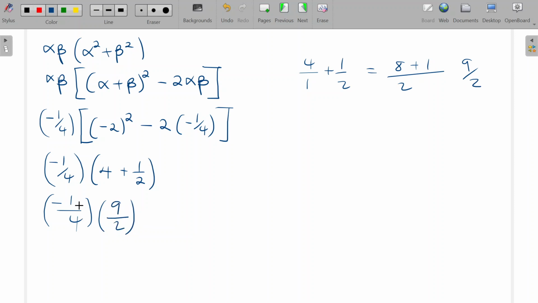Then when you reach this part, you multiply, you're going to have negative 9 over 8. So meaning that the sum is negative 9 over 8. Are we together?